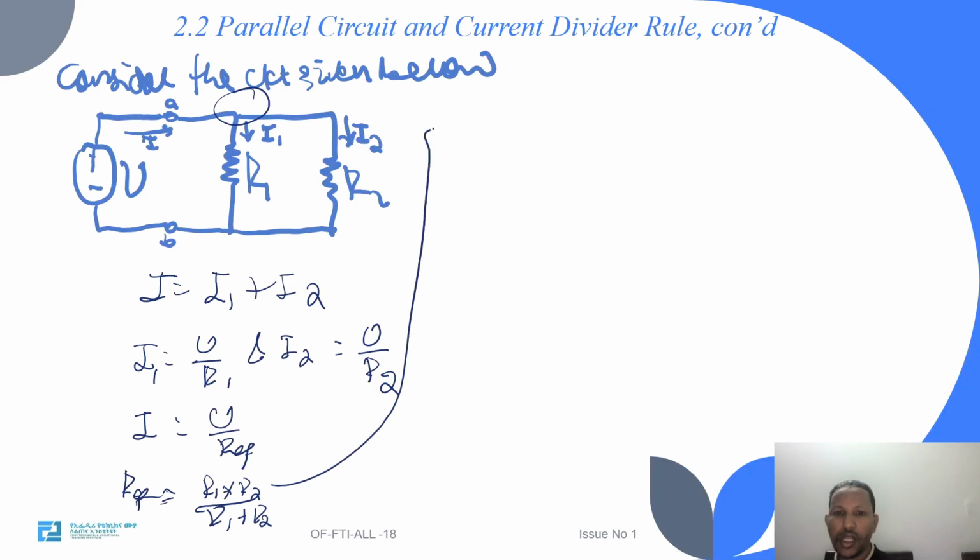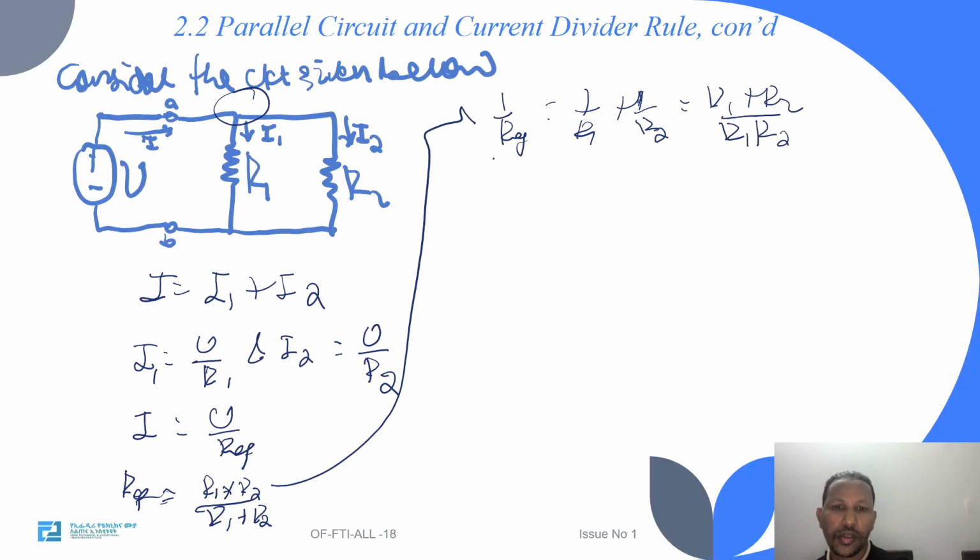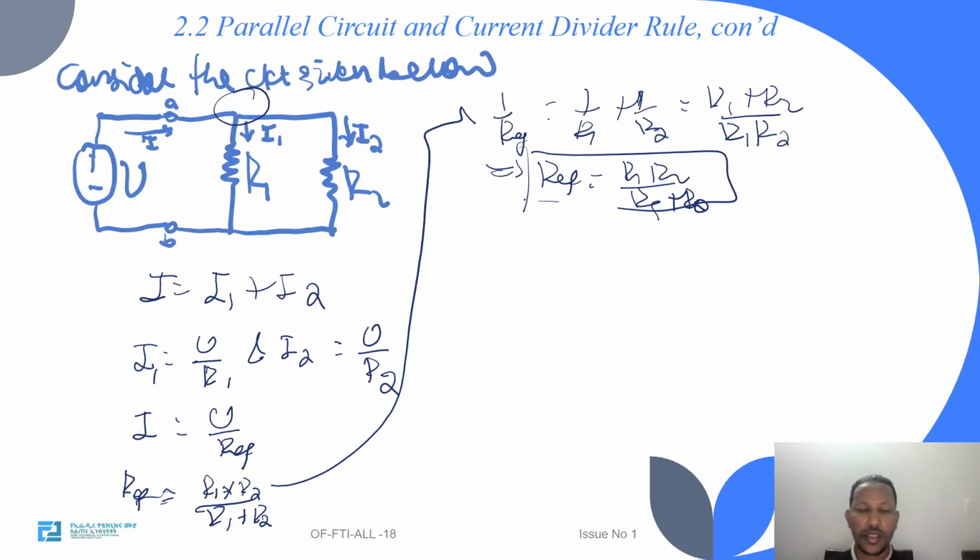That means 1 over R equivalent equals 1 over R1 plus 1 over R2, which is R1 plus R2 over R1 R2. If you invert it, R equivalent equals R1 R2 over R1 plus R2. So this is the equivalent resistance for two resistors connected in parallel.